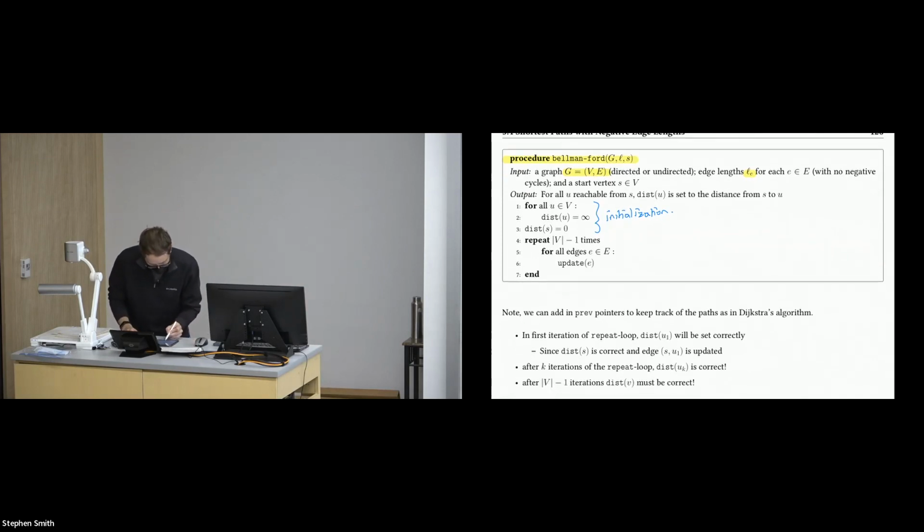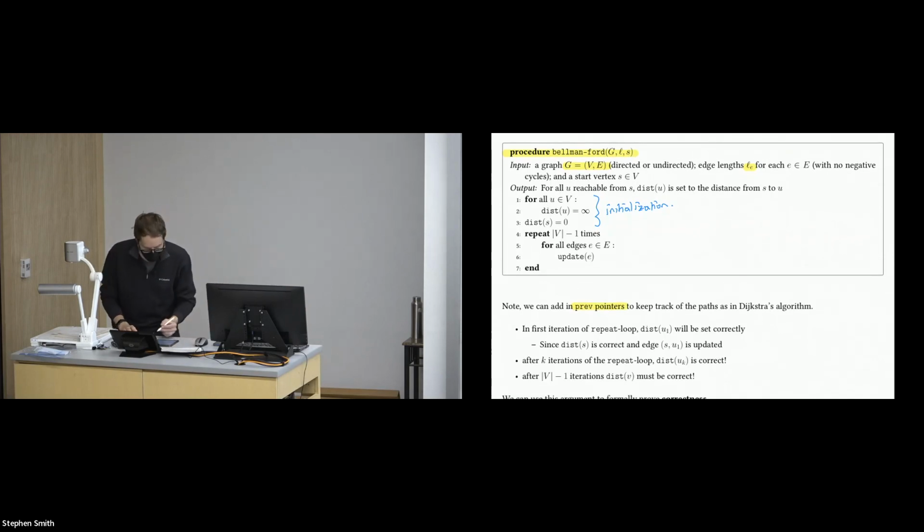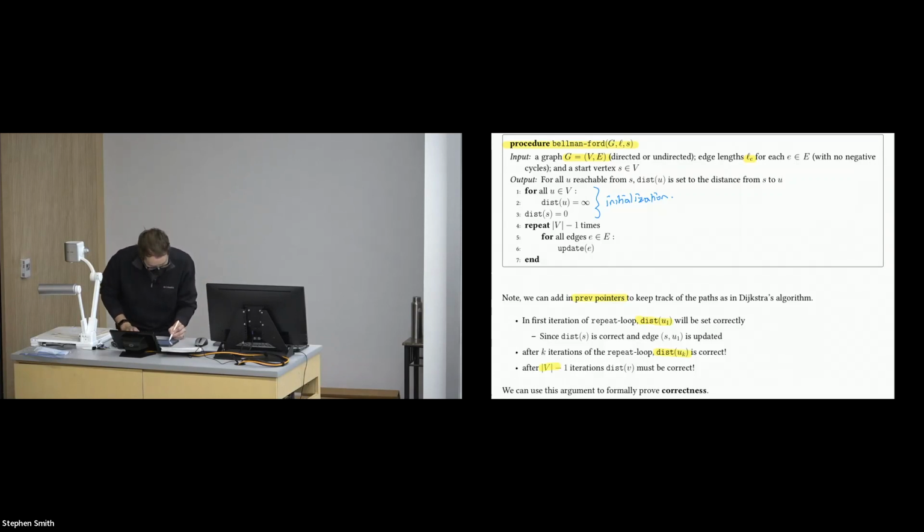And I can add in prev pointers just as we did in the other algorithms, so I can keep track of the path that I found. And this is exactly the logic: after the first iteration, dist U1 is set correctly. After k iterations, dist UK is set correctly. And so after V minus 1 iterations, dist v must be set correctly.